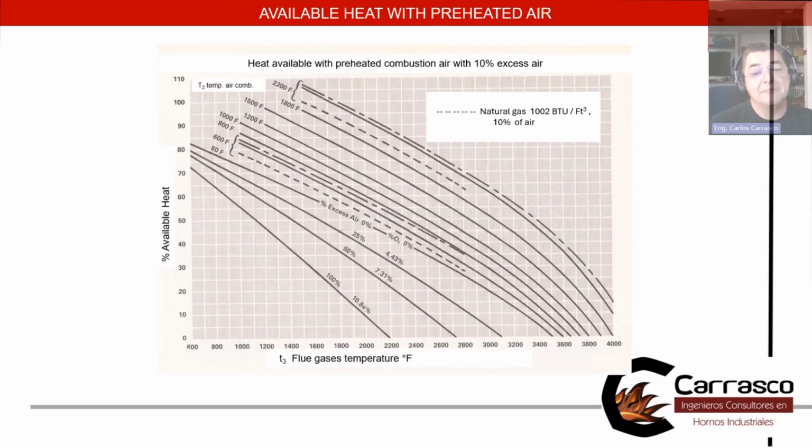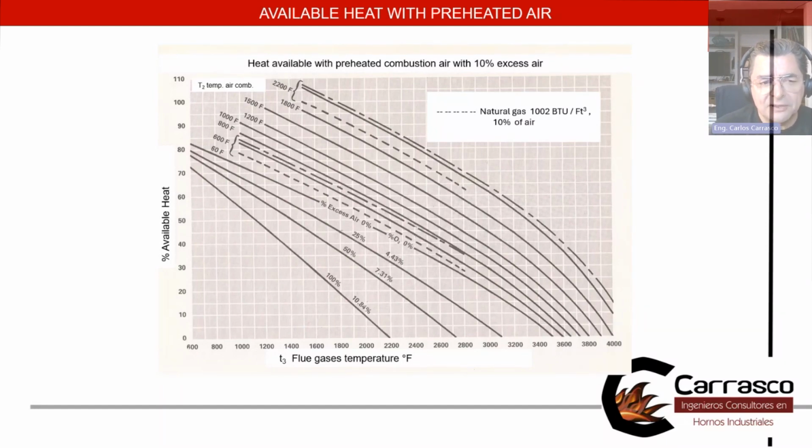Then, when I preheat the air, the combustion air is roughly 20% oxygen, and the rest is nitrogen. The nitrogen doesn't have any involvement in the combustion process, but I have to heat that mass of nitrogen, so I lose efficiency.